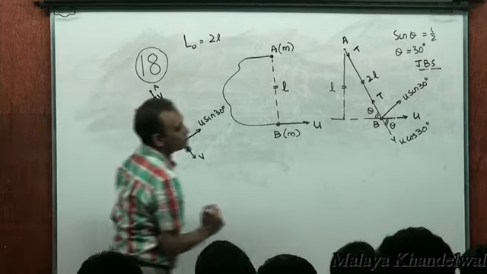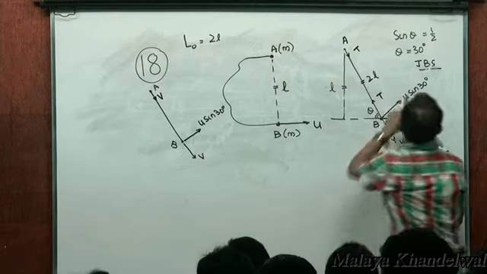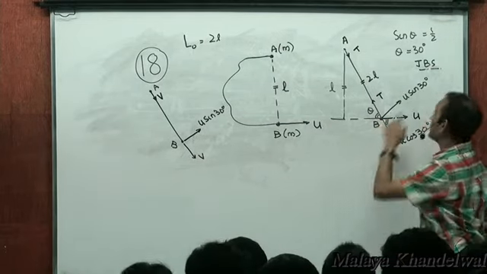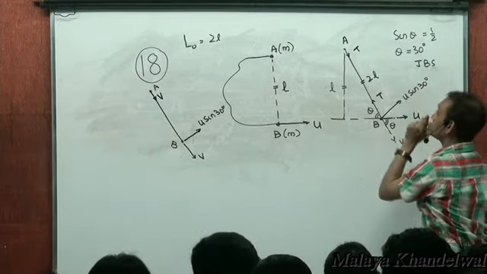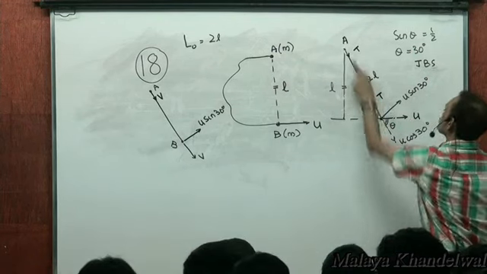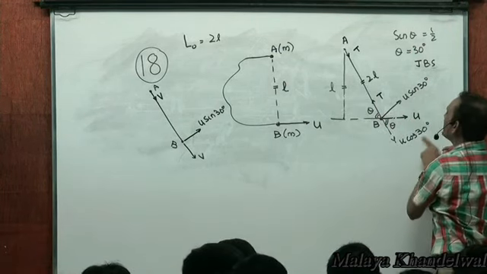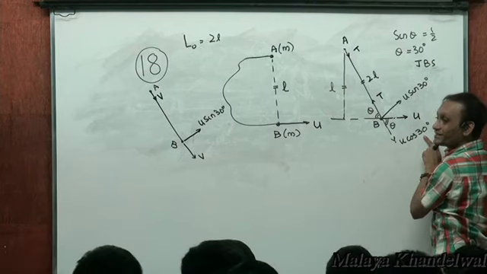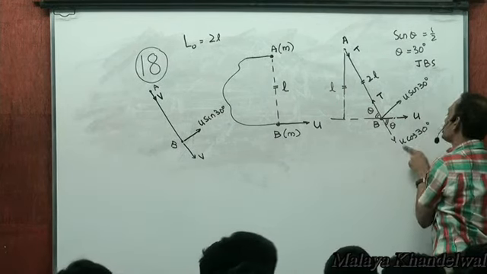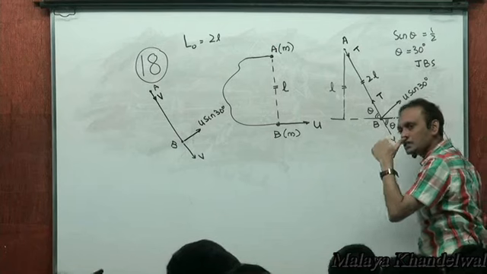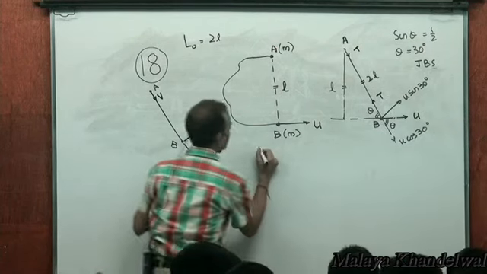Now, just before completely straightening, just before the jerk, along the string, what was the linear momentum of the system? m u cos 30 degrees.